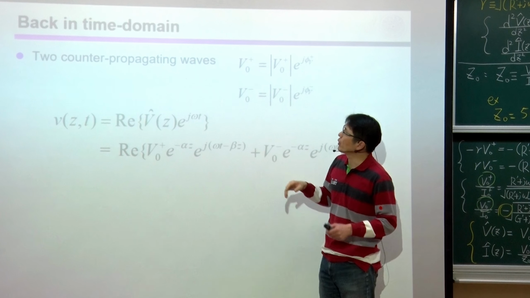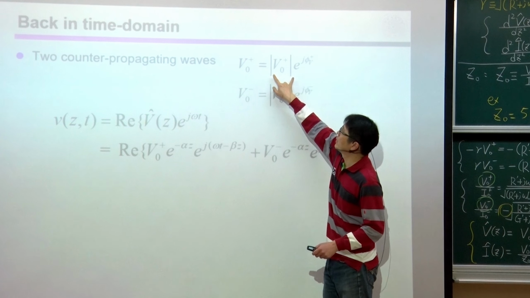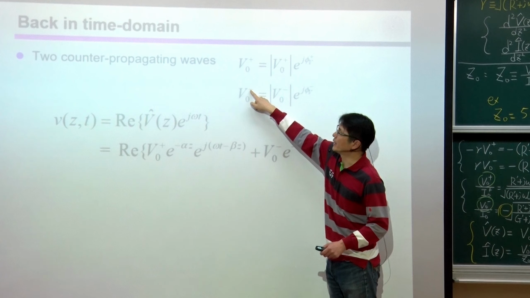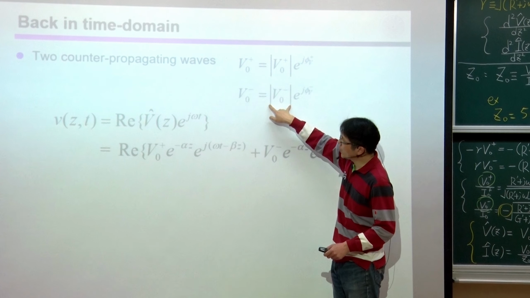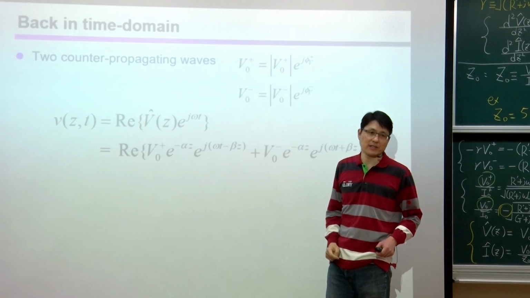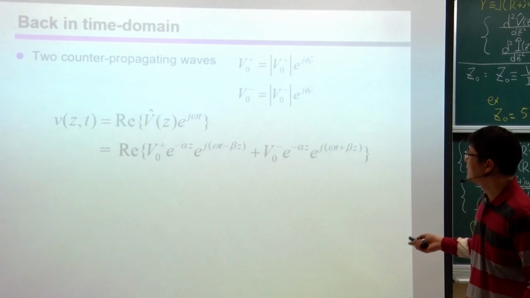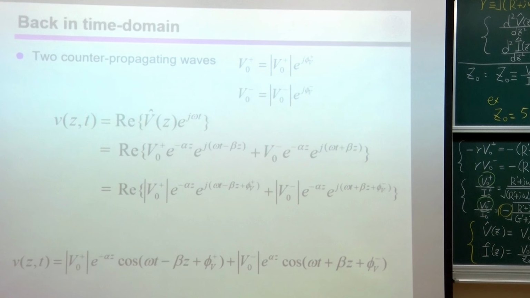So I can write V0 plus as having some amplitude and its own phase. V0 minus has its own amplitude and its own phase. Okay? I substitute that back into the time domain. Eventually, this is what you have.